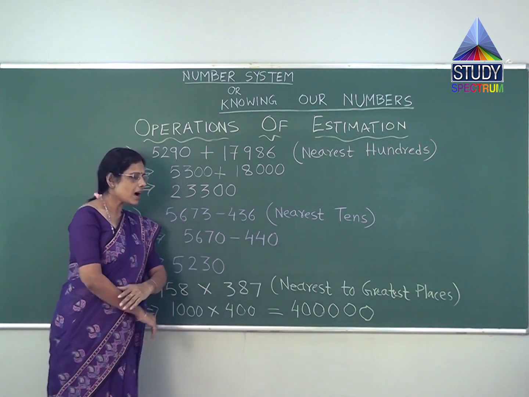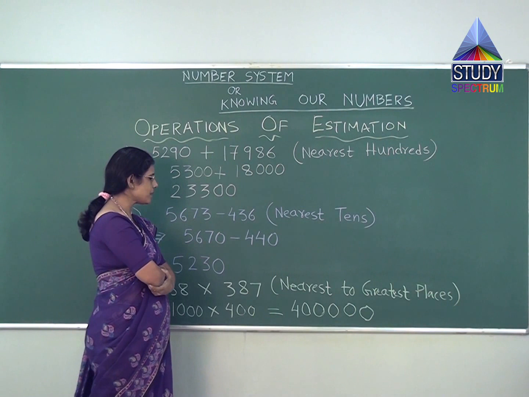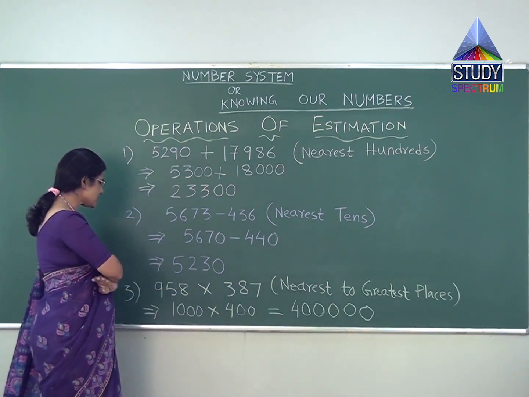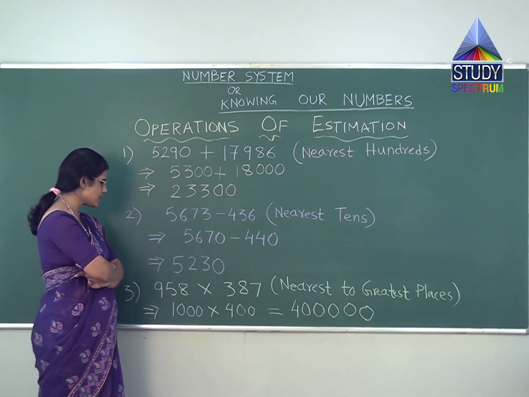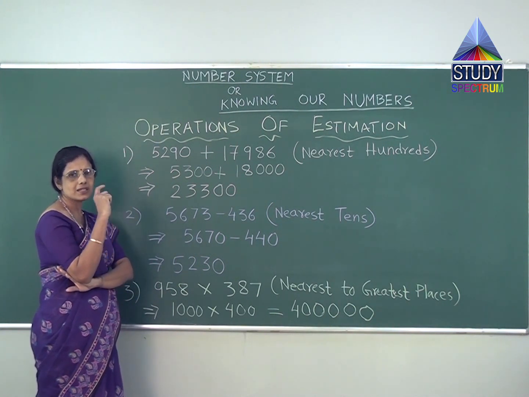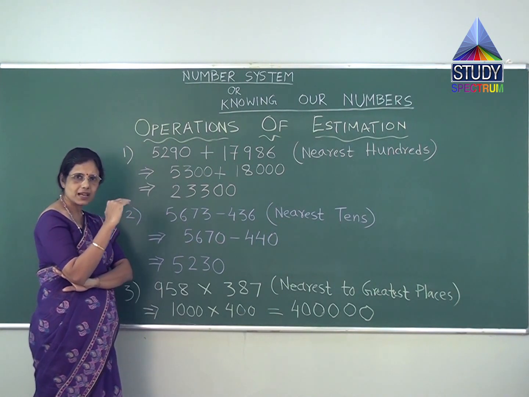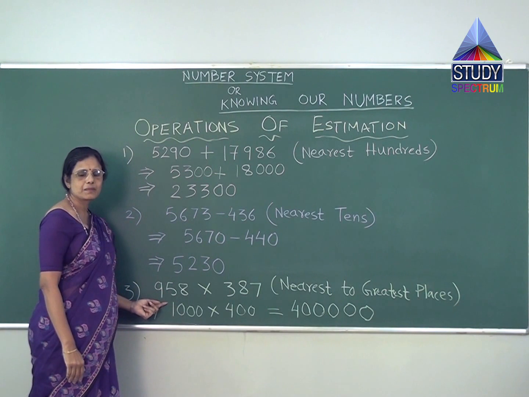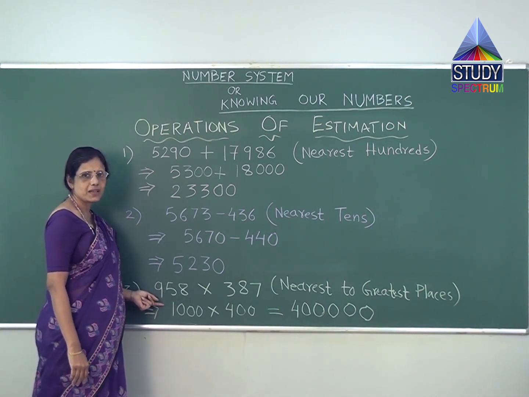Now I am not giving the sum as hundreds and tens. Only thing I am telling nearest to the greatest places. Means if a sum is given hundreds number, tens number or thousands, nearest to greatest places means you have to see which is the greatest position. Position means whether it is hundreds or thousands or 10,000s or tens. In this sum 958, highest position is hundreds place.